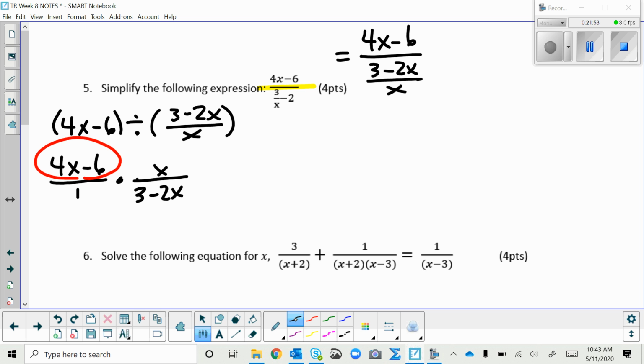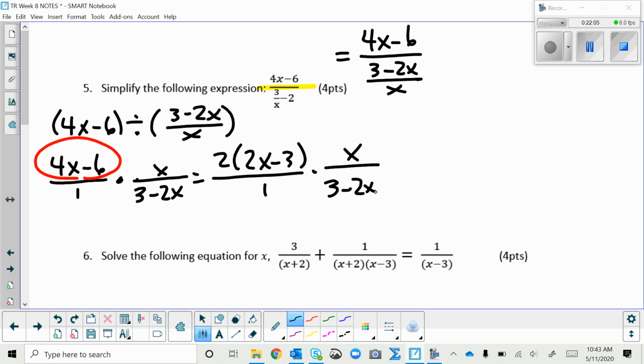So I've got 2 times 2x minus 3 over 1 times x over 3 minus 2x. All right, now look and find whatever you can cancel that's the same on the top and bottom. Nothing, right? There's nothing that's exactly the same on any of the tops and bottoms.